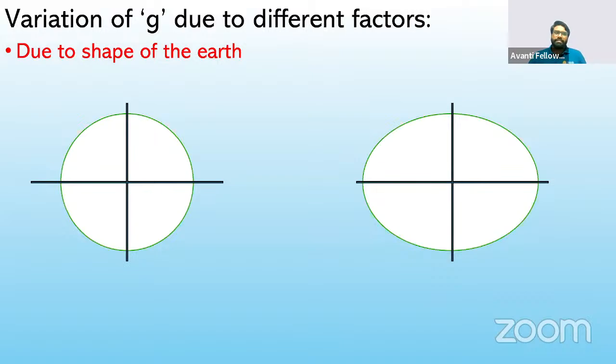So we will discuss the variation of g due to different factors, and the first factor here is the shape of the earth.